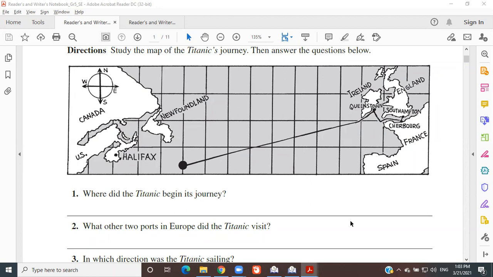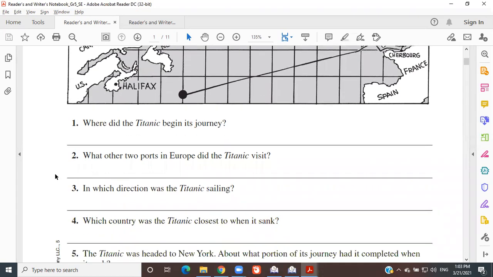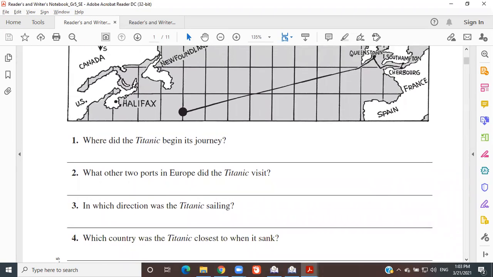Like 20%, 30%, 40%. It finished like 85%. Really? Is it 85? No. It will go to Halifax. It will go to the US here. So it finished almost about what? 70%. Yes, 70 to 75%. Very, very good. Amazing.